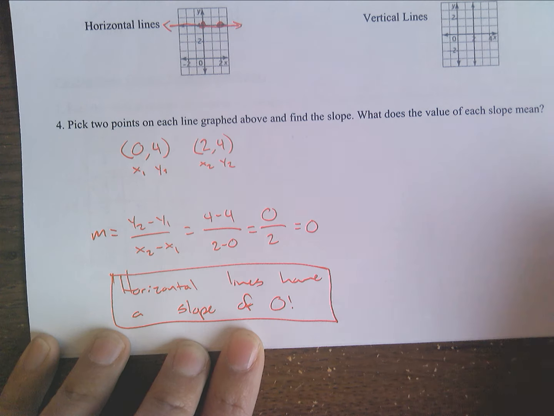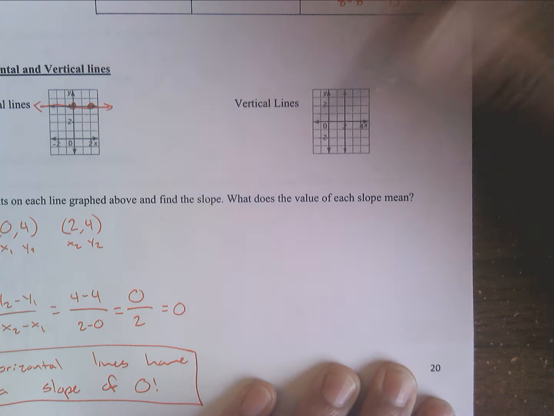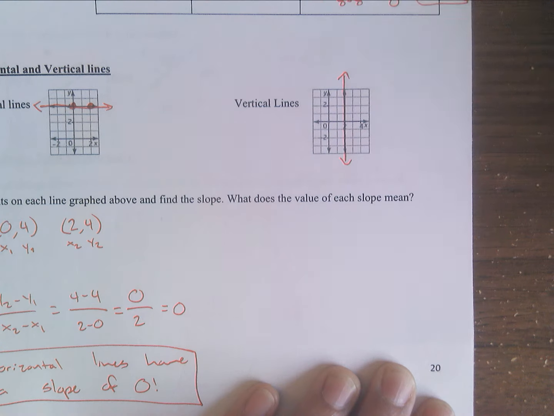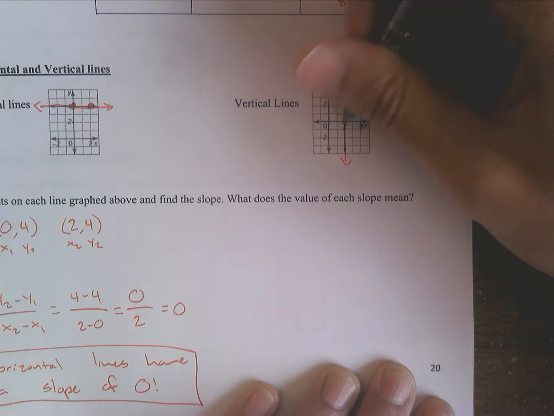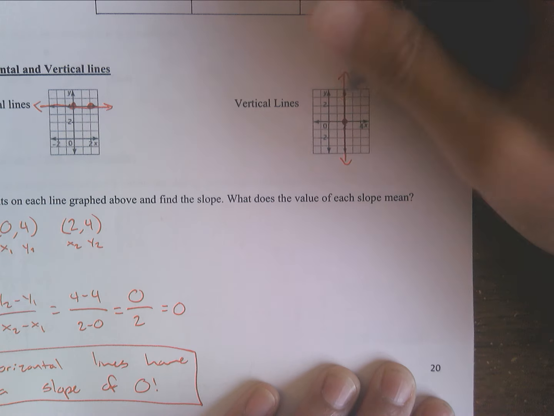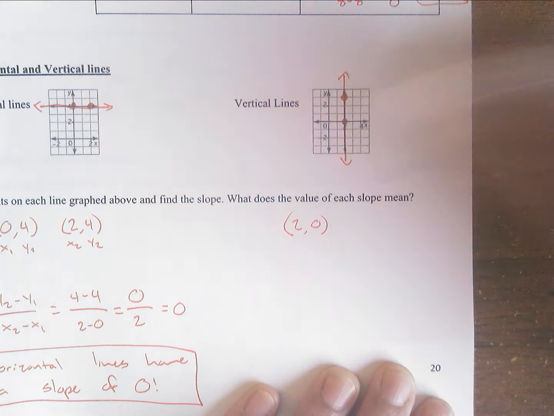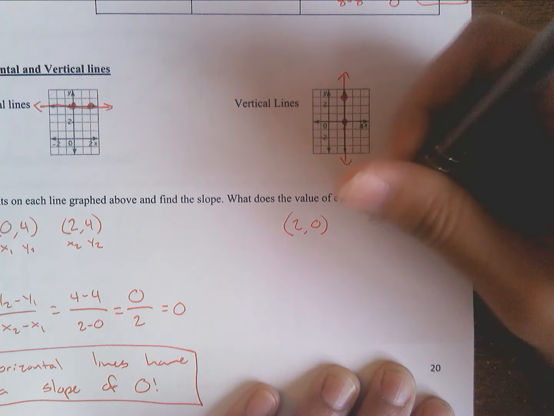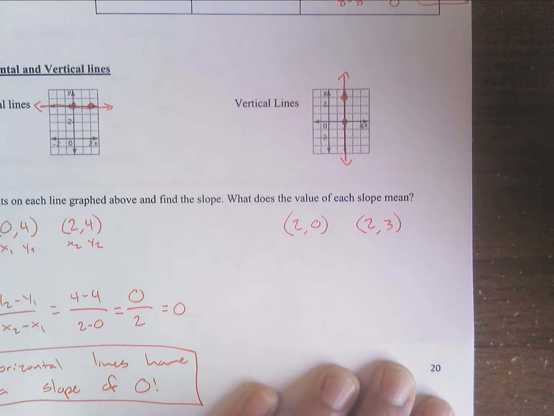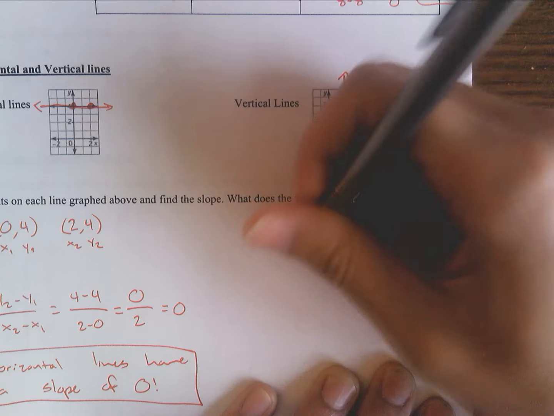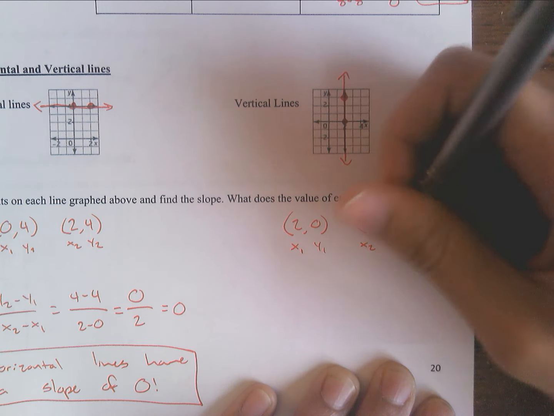Let's take a look at vertical lines. So again, I'm just going to outline this in red so that we can see. Let's choose 2 points. So let's say we'll choose this point here, and we'll choose, say, this point here. So we have the points 2, 0, and we have the points, say, 2, 3. You can choose any 2 points on the line. And again, x1, y1, and x2, y2.